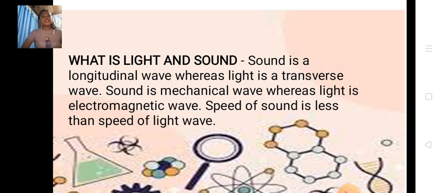Now let's proceed to light and sound. Sound is a longitudinal wave, whereas light is a transverse wave. The speed of sound is less than the speed of light. In other words, sound waves are characterized into three. First is audible sound waves.